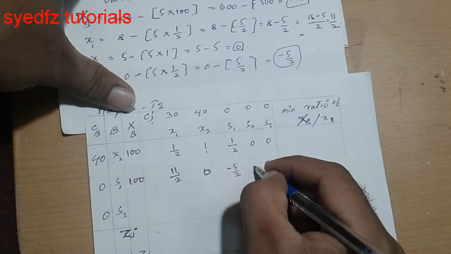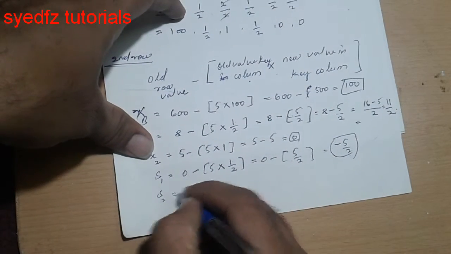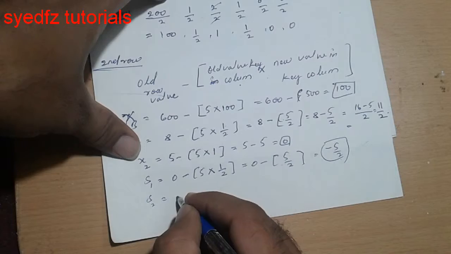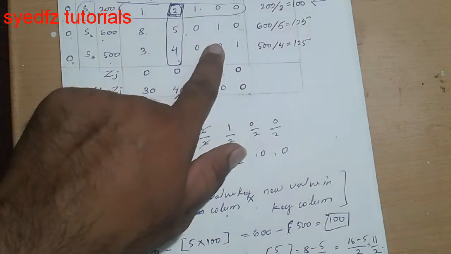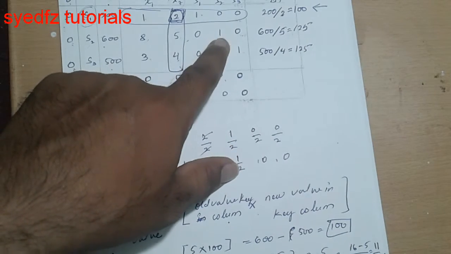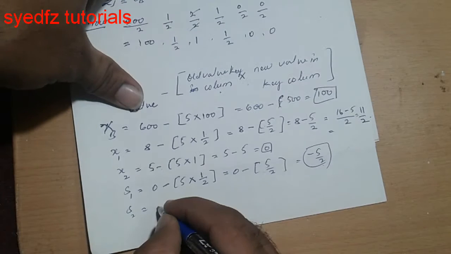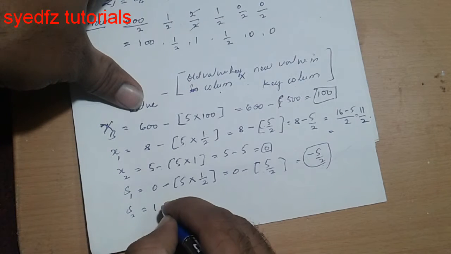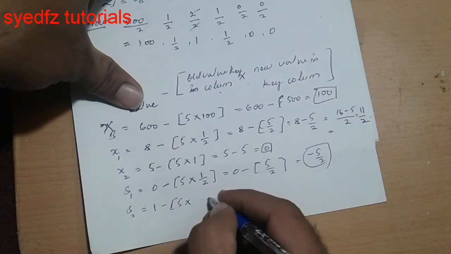Now for S2. What is the old value for S2? 1. S2 old value 1, key column is 5, times the new value.